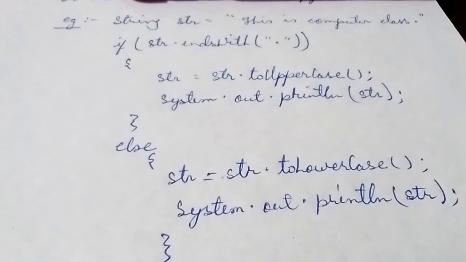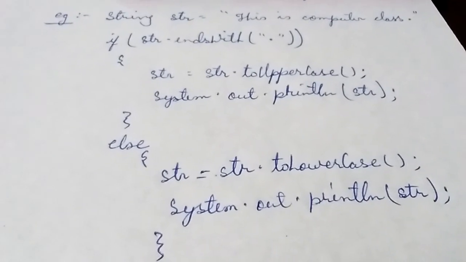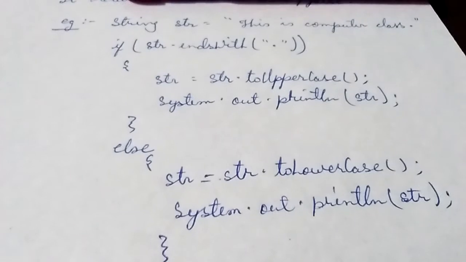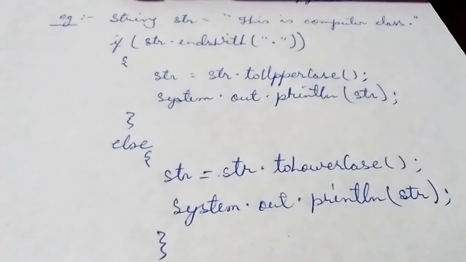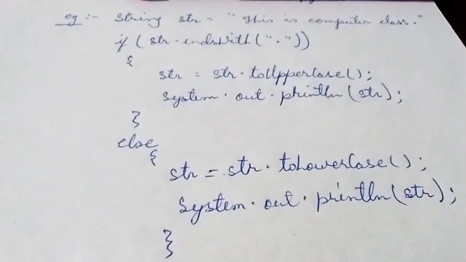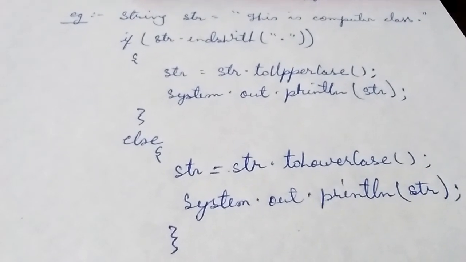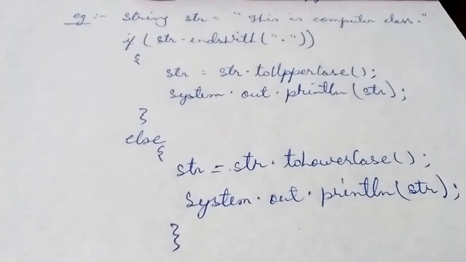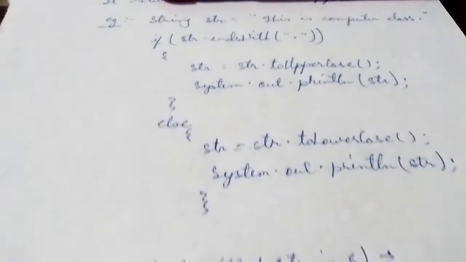In this case, it will check whether the string is ending with a dot or not. For such a type of question, like enter a string and check whether the string terminates with a dot, we make use of the endsWith function. So if str.endsWith(".") is true, the toUpperCase function will convert the entire string to uppercase and print it. Else it will convert to lowercase.